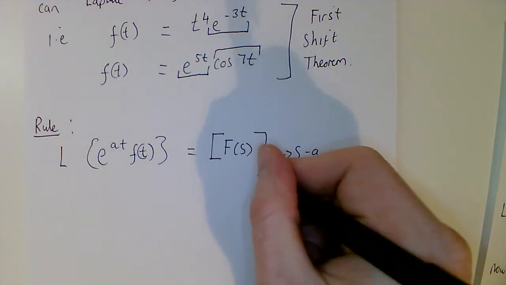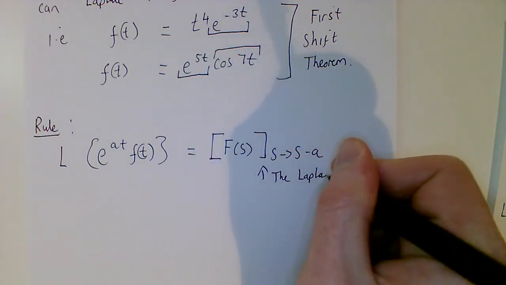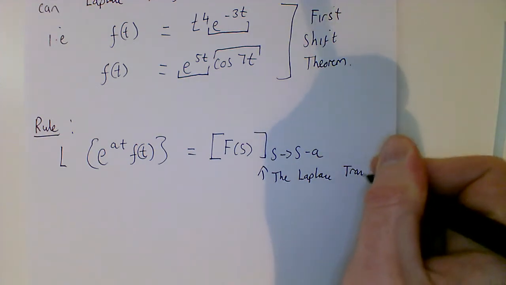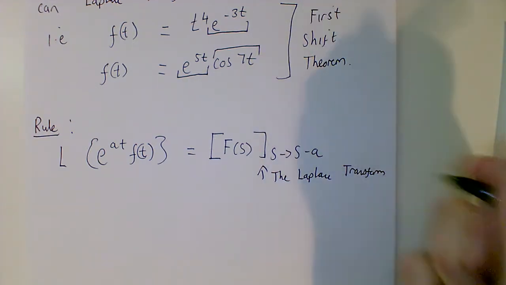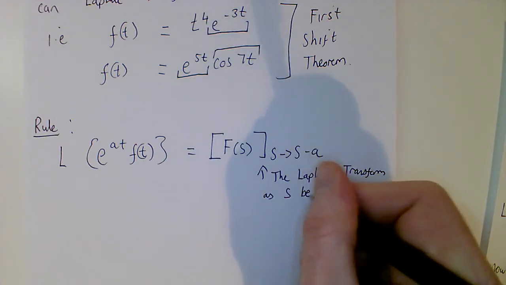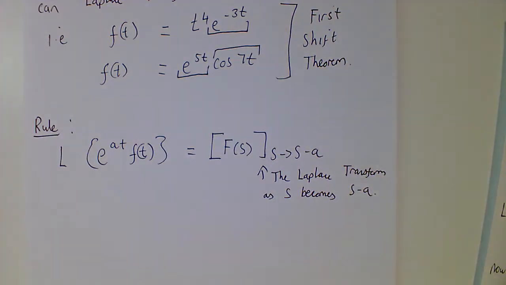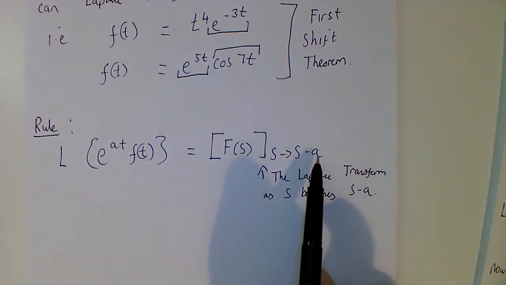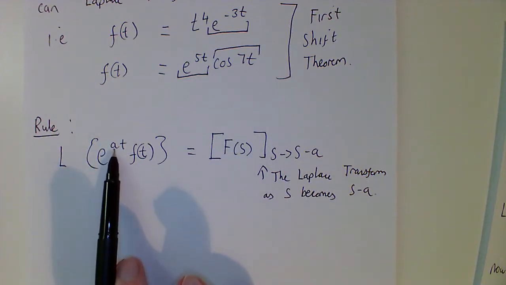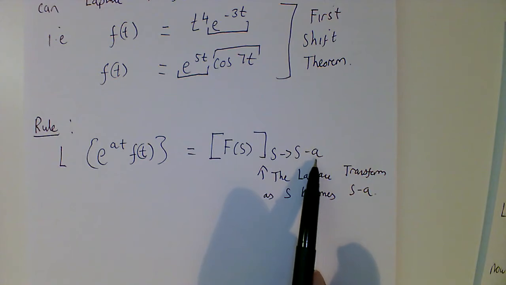So that means the Laplace transform as s becomes s take away a. Effectively, whatever the number is here, we write as s goes to s take away that number.